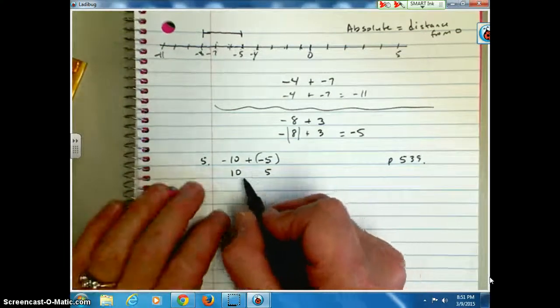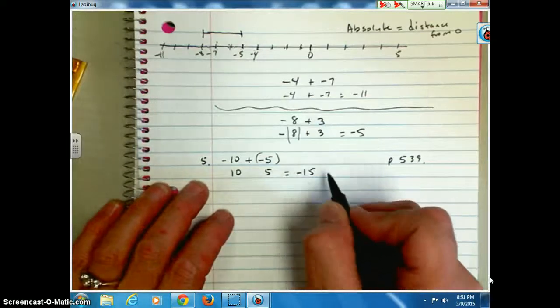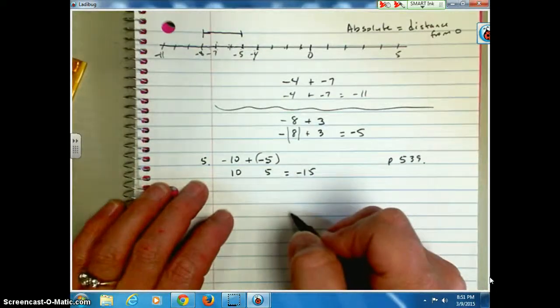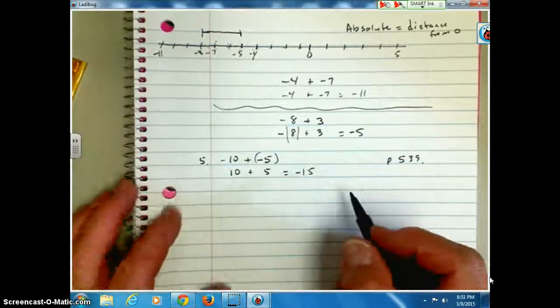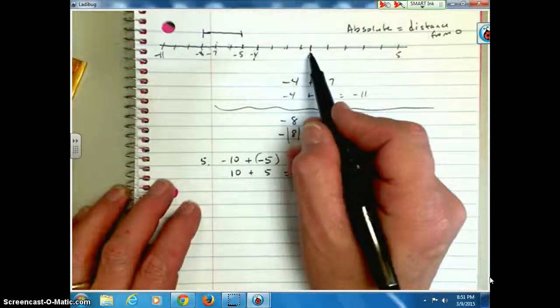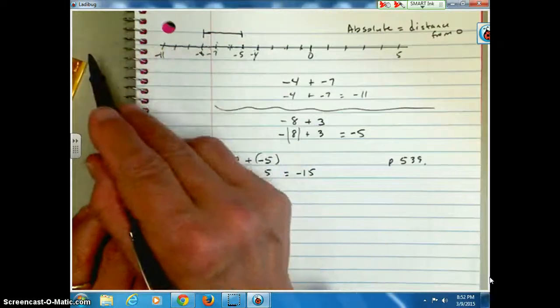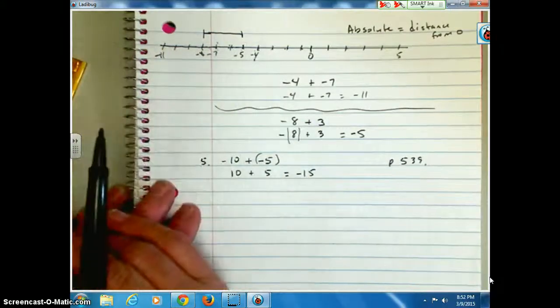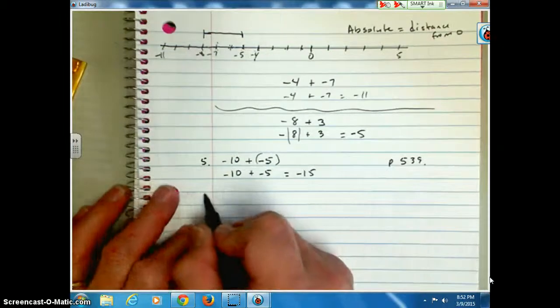So if they're both negative, the two negatives together add up to a negative 15. Again, we have 2 negatives, and of course it just gets further and further negative. If you started with negative 10, which is way over here, 5 more would put you way off the paper. So negative 10 plus negative 5 is negative 15.